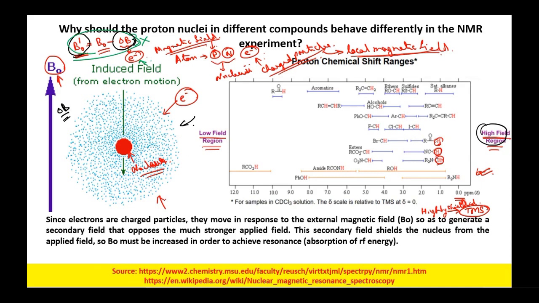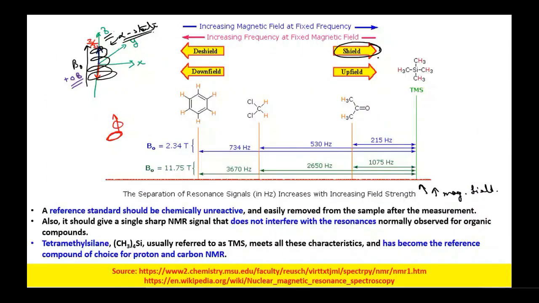Then from there we apply the radio frequency so that it goes to the excited state. Due to this reason, even though we say the protons are shielded, at the same time we say it is at a high magnetic field region.